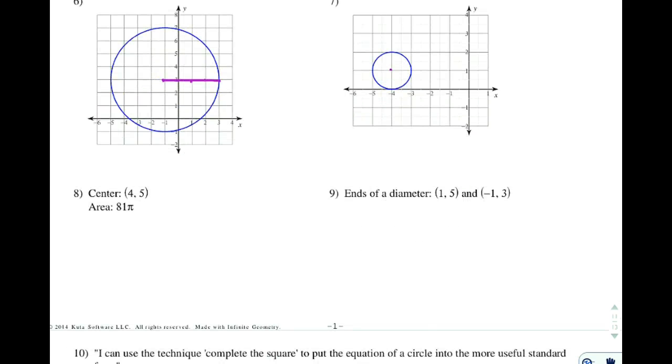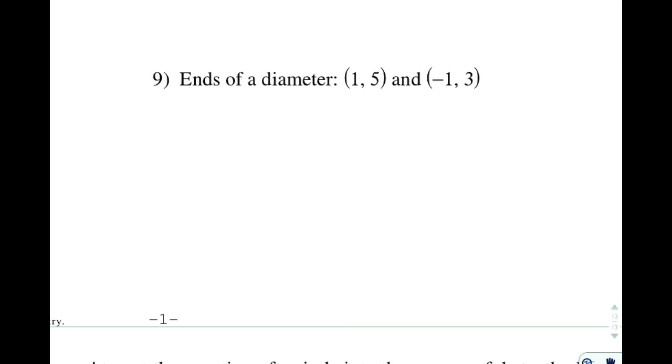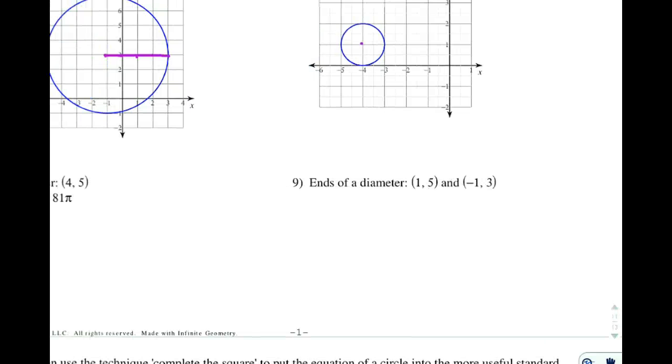For 8 and 9, it's a little more complicated. I'm going to focus in on number 9 because that's going to be the toughest one. You need to write an equation for this circle, but you do not have the center or the radius. All you are given is the ends of the diameter. I'm going to graph this just kind of in a sketch off to the side here.